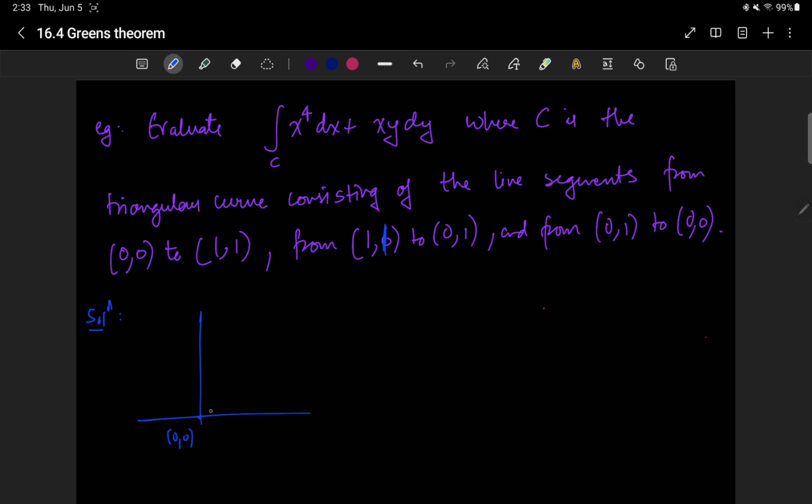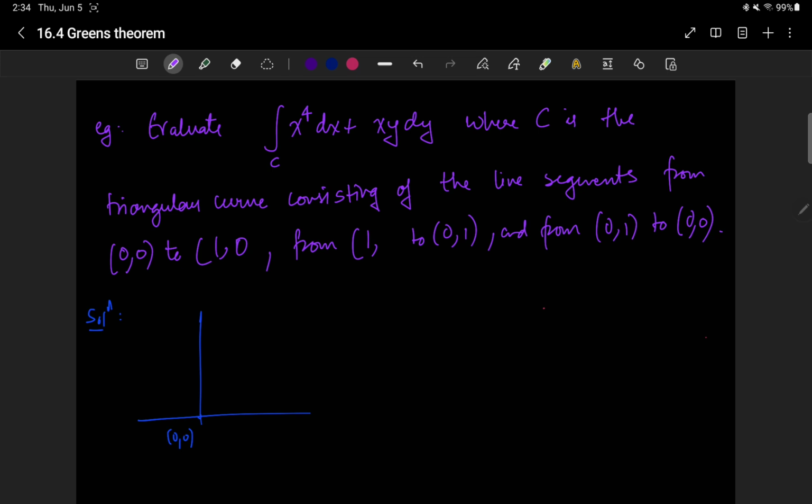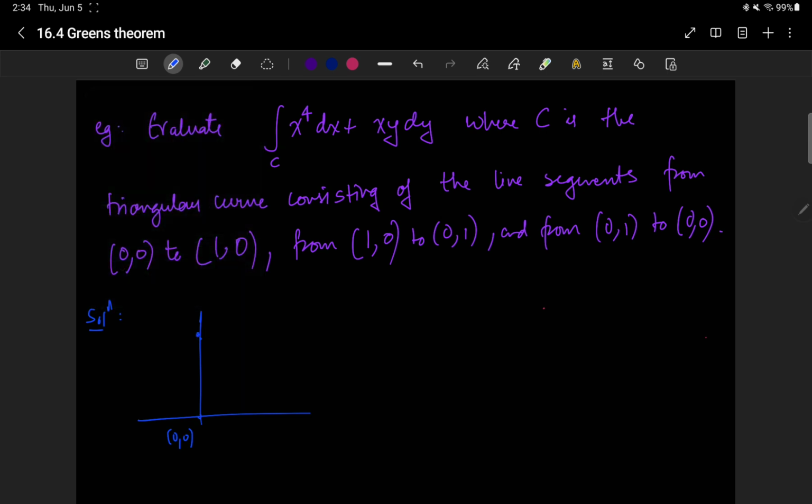But let's look at an example from the line segment from 0, 0 to 1, 0, from 1, 0 to, oh wait, this is a mess. Sorry, let me fix this. To 1, 0 and 1, 0 to 0, 1. So we have 0, 0, 1, 0, and 0, 1.